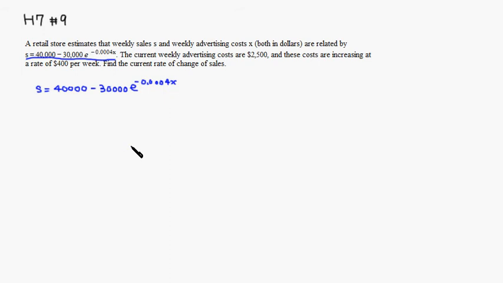The current weekly advertising cost is $2,500, so x is 2,500. Costs are increasing at the rate of $400 per week, so dx over dt is 400.